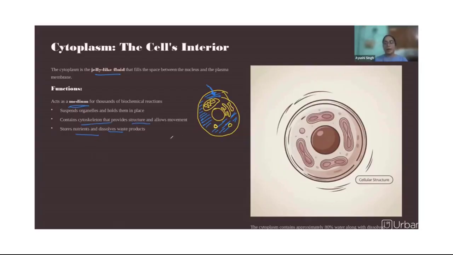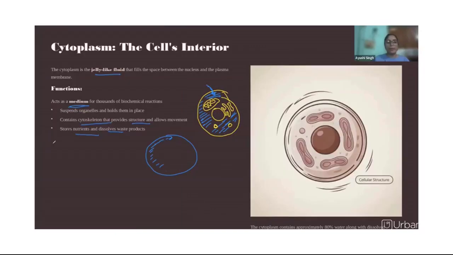If you keep some liquid kind of substance here, it will help you make a shape like this. Whatever the shape of the cell is, it keeps it intact like that, and it also allows movement. That is the function of the cytoplasm. It is approximately 80% water.